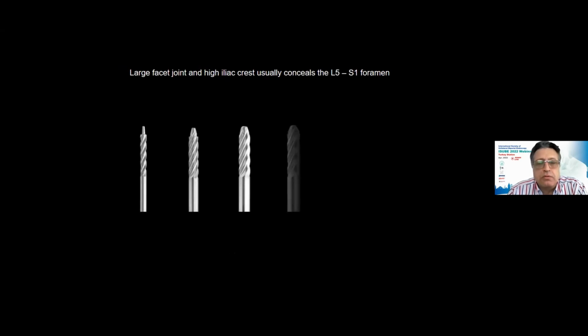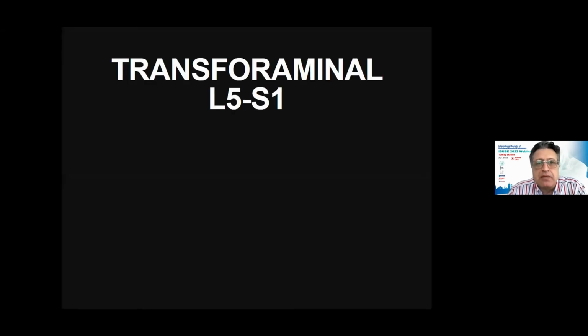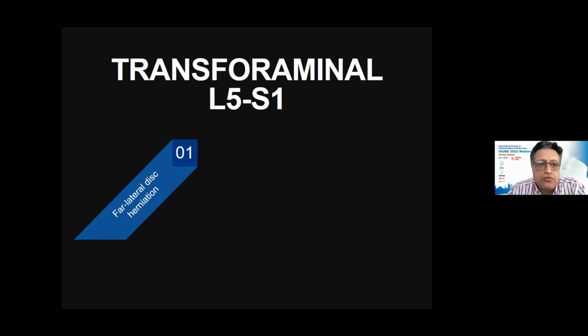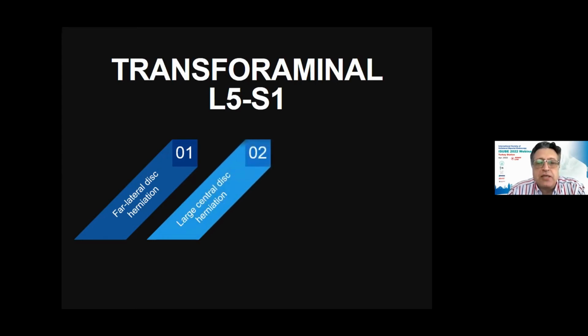I also use these hand drills for this surgery, and I tried it for stenosis surgery also. I had some good results, I had some bad results, but I actually use transforaminal surgery for the L5-S1 level, surely for lateral disc herniations, and also for large central disc herniation.